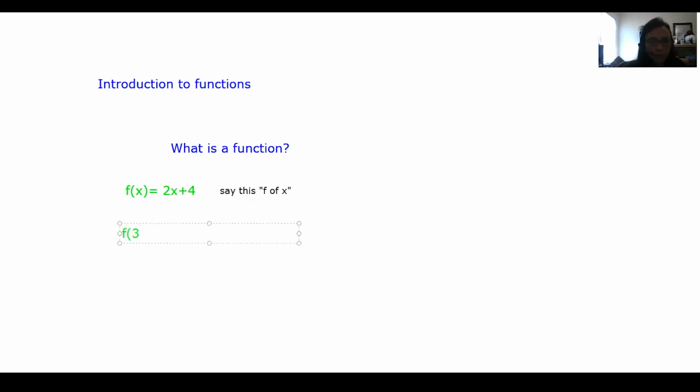And that means simply to take the function that we're talking about and wherever the x is, put a 3 instead. That is, run 3 through our easy bake oven, our function. When we do that, we would get 2 times that 3 plus 4, which would of course give us an answer of 10. Our shortcut would be to write, if you plug 3 into the function, the answer equals 10.